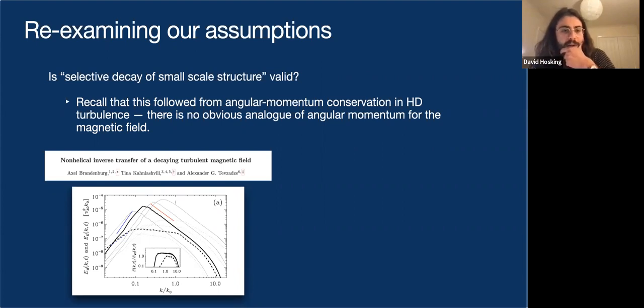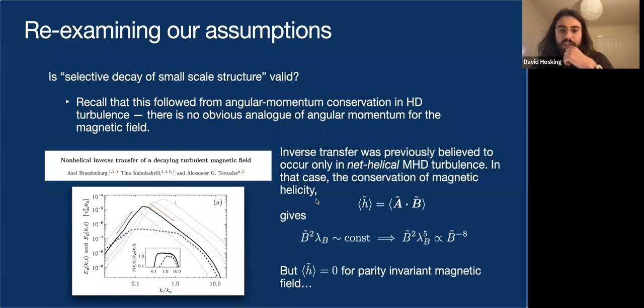So how can we understand this, and does this have something to do with the... well, it seems like it will have something to do with the shortcoming of the previous theory to predict consistent fields. I note that inverse transfer, this growth of the spectrum, was previously expected in a different kind of turbulence.